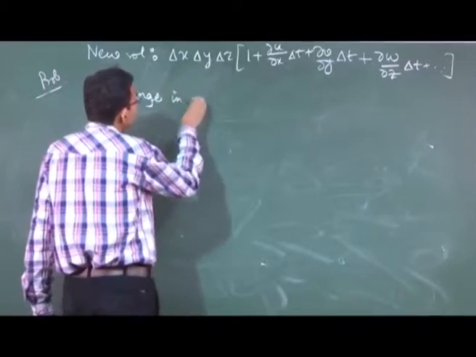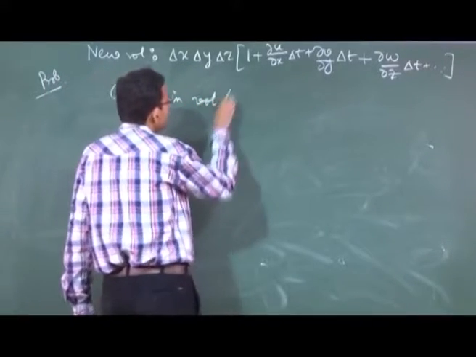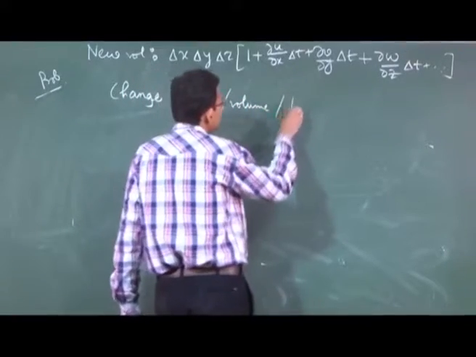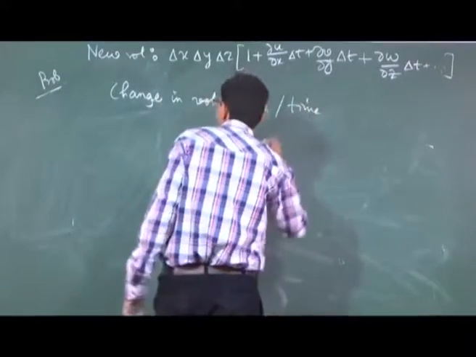Change in volume per unit volume per unit time. This is volumetric strain rate.